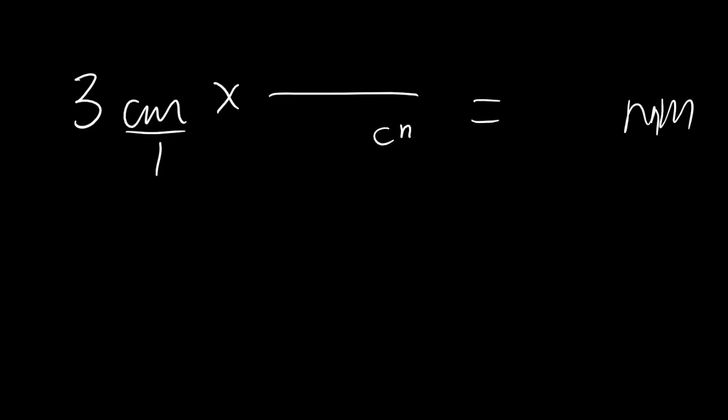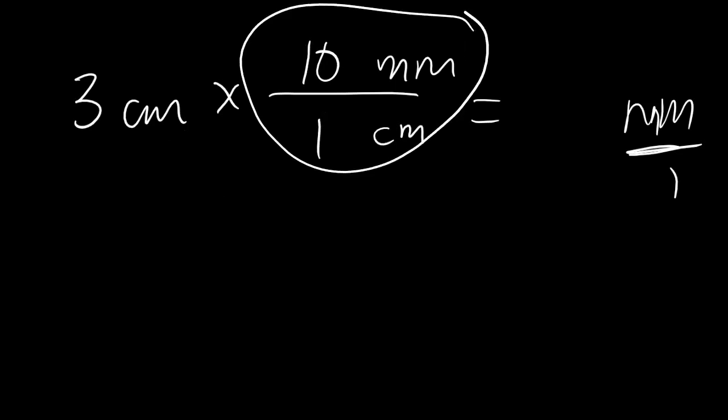So we put centimeters at the bottom. We want millimeters over 1 on the top, so we put millimeters on the top. And now we just need a correct conversion rate from millimeters to centimeters. 10 millimeters is 1 centimeter. And you might think, how is this equal to 1? Well, we know that 10 millimeters is the same as 1 centimeter.